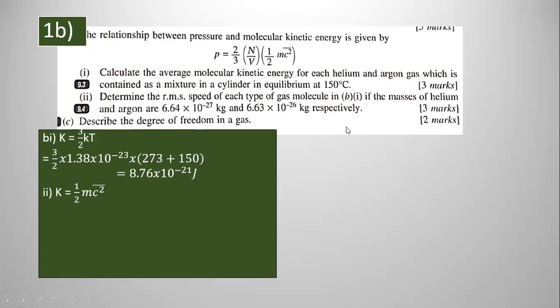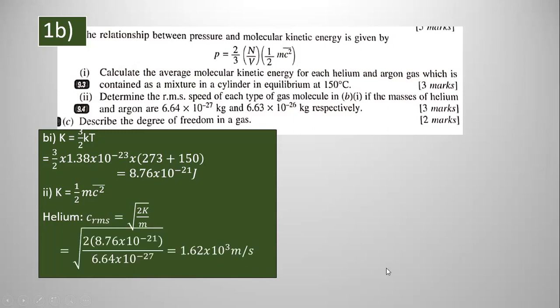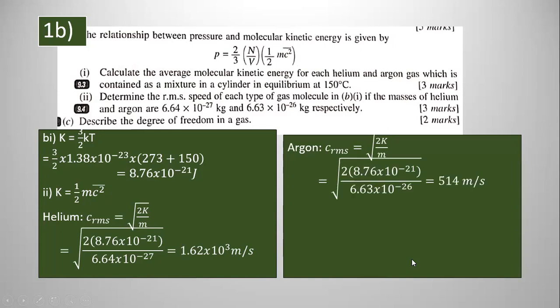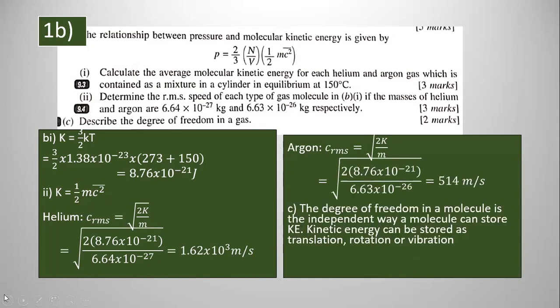They have roughly given you the formula there. So for root mean square, you just take the square root of this one, no? Take the 2 across, take the m down, then take the square root, put in your value, and calculate. Same formula, put in your value for argon and calculate. Can or not?